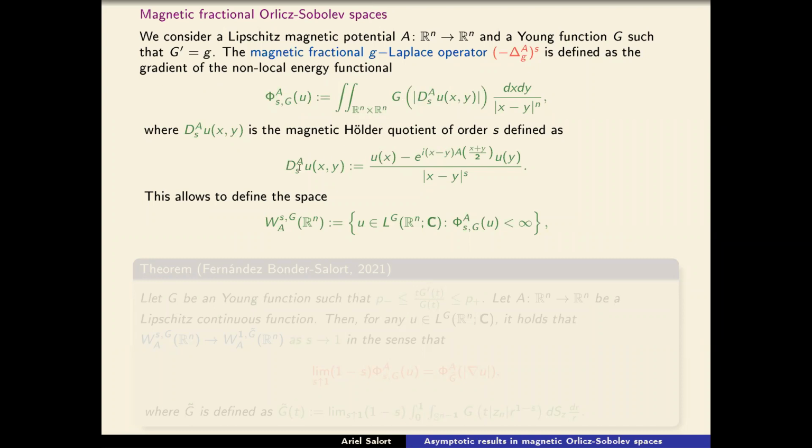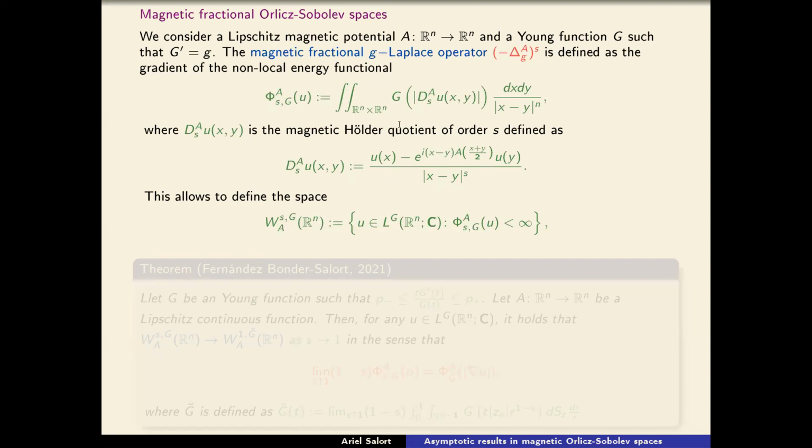So the natural space in which to define solutions of equations involving this operator is the space W^{s,G,A}, which is the set of functions in L^G for which this modular is bounded.